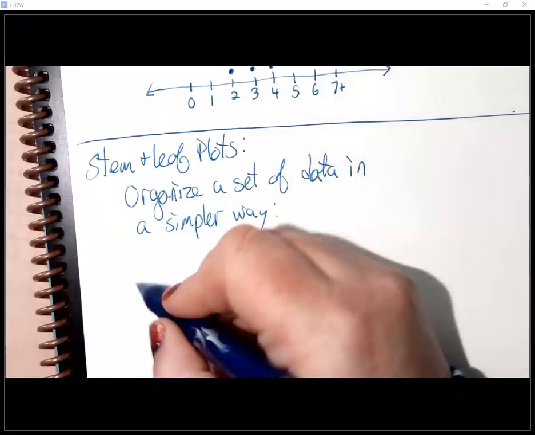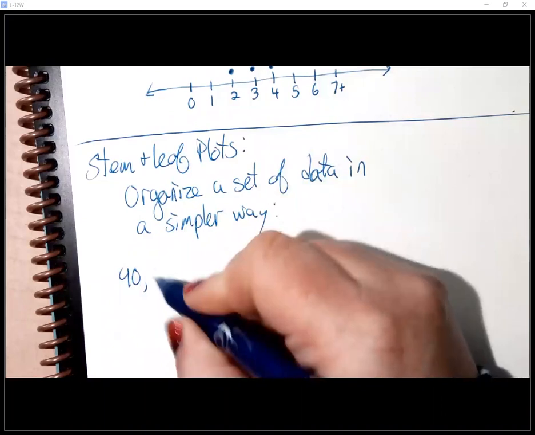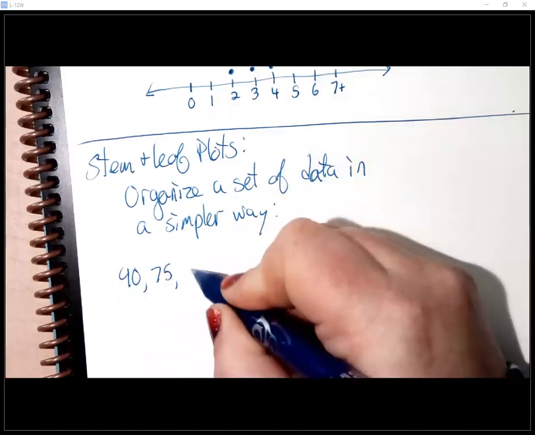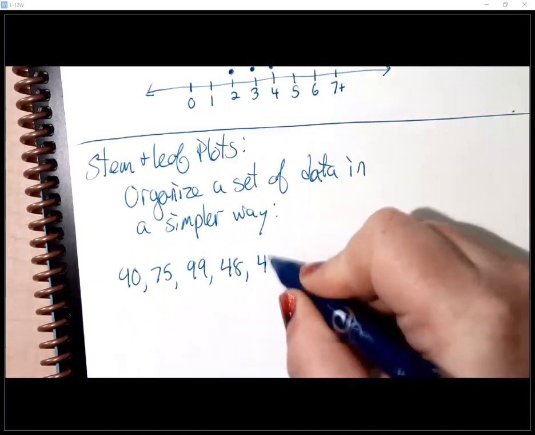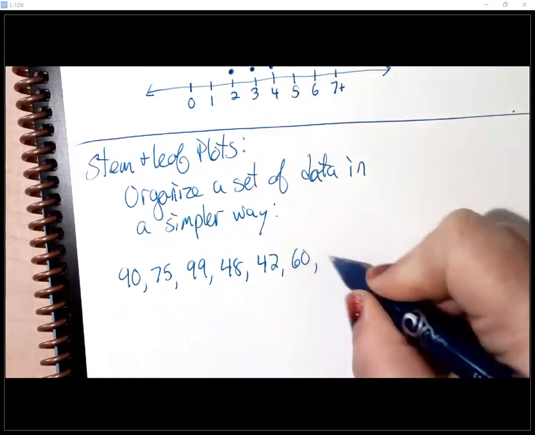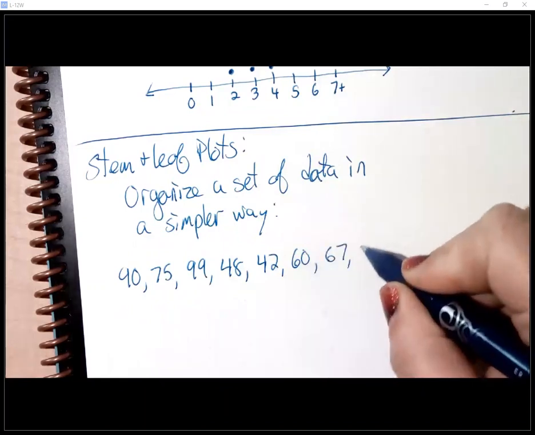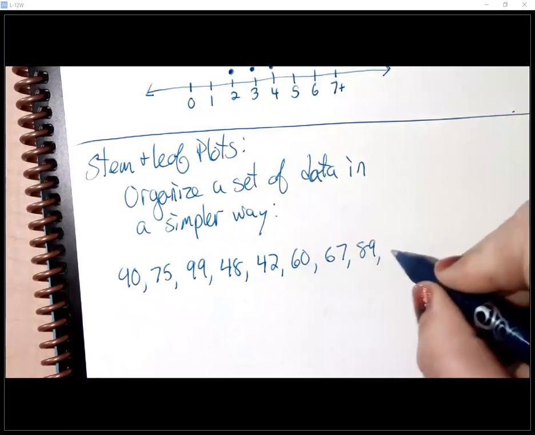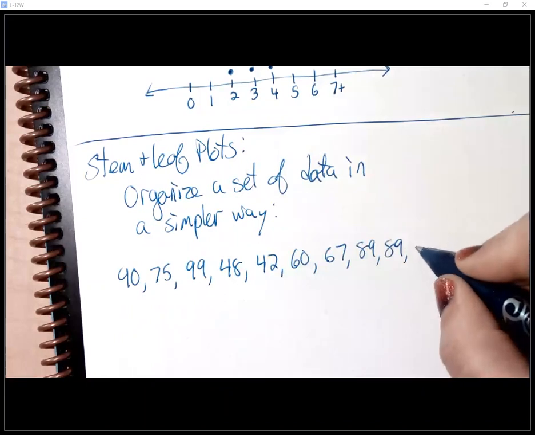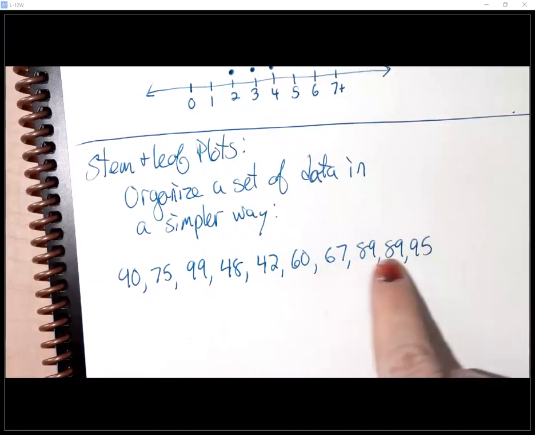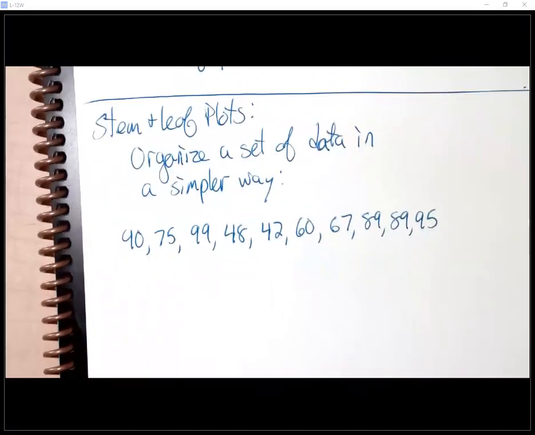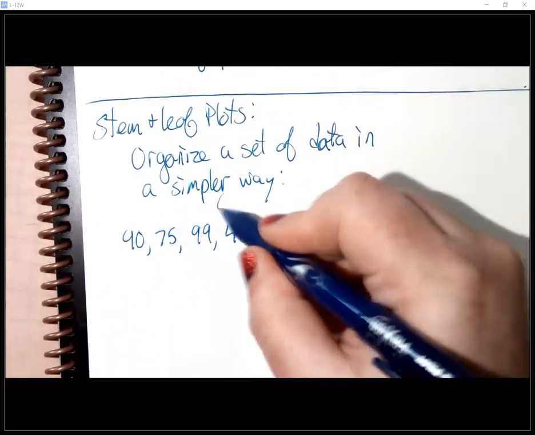Maybe I had someone get a 90, someone get a 75, a 99, a 48, a 42, a 60, 67, 89, another 89 maybe, and a 95. So how do we do it? 1, 2, 3, 4, 5, 6, 7, 8, 9, 10. Okay, 10's fine. All right, so let's just assume that these were the grades on the last test. So let me add that. Grades on last test.